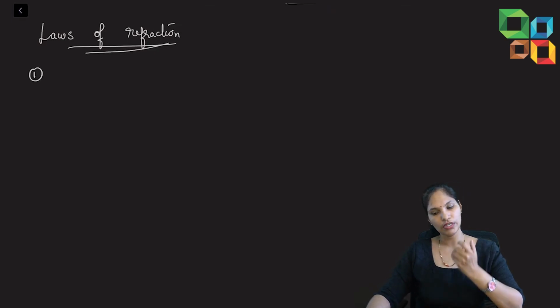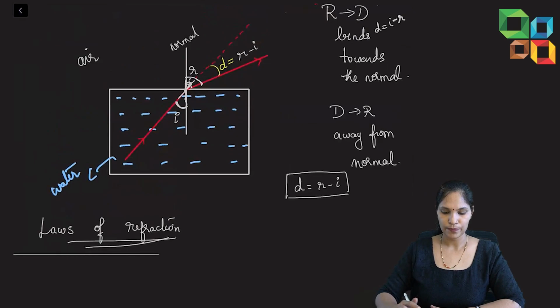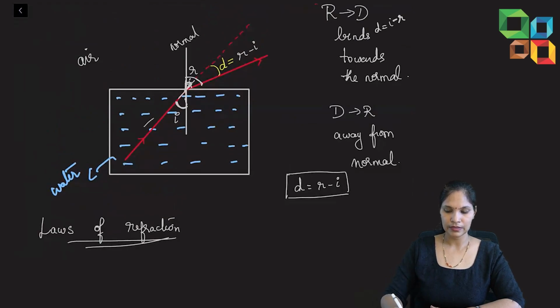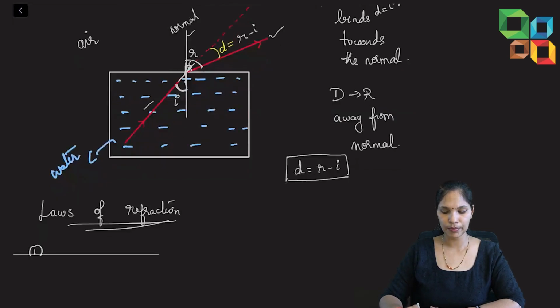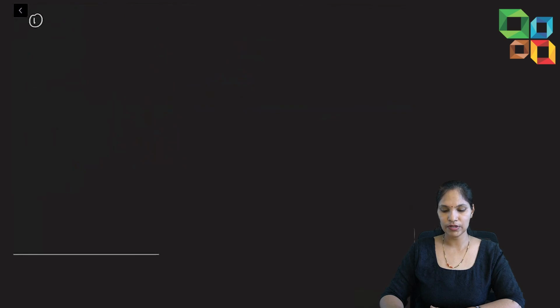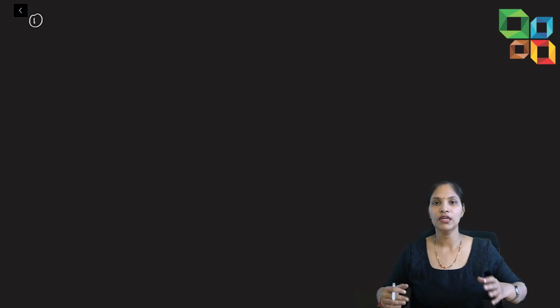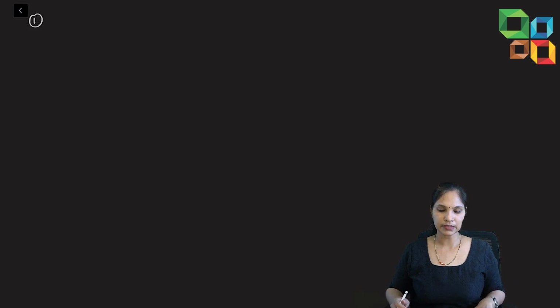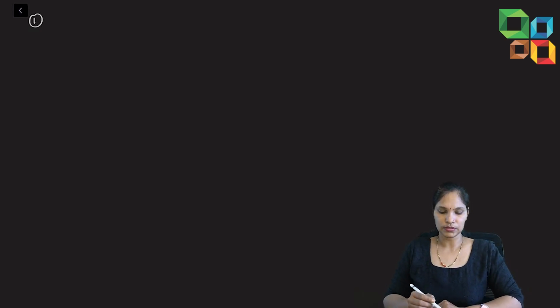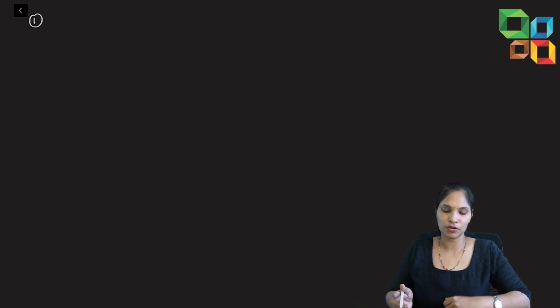So here also you can see the incident ray, the refracted ray, and the normal. They all are lying on the same plane. I have used one paper, and on that paper all the lines are there. If they were not lying on the same plane, then I would have had to use something to show that the line is coming out. I couldn't draw it properly on the paper. Since I've drawn all three lines on the same paper, that means they are on the same plane.